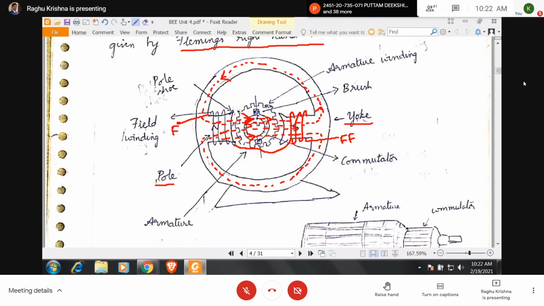The direction of the lines of force will be from north pole to south pole outside the magnet, and inside the magnet, south pole to north pole.